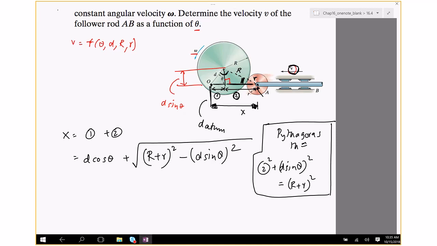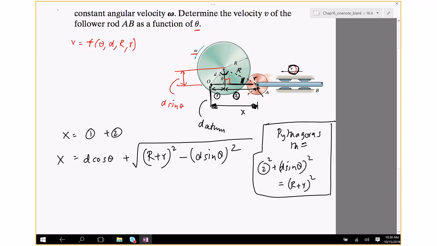It looks like that, but it may not be a right angle triangle, because as the follower moves back and forth, that angle keeps changing. At this instant it looks like 90, but may not be the case. If theta is 30, maybe it is 90, but if theta is 15 degrees, it may not be 90. Because the geometry changes, you can't assume that.